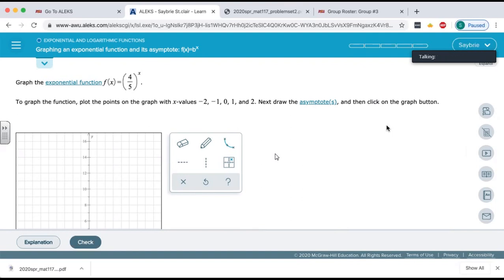Man, because my calculator could do that easy, but yours, you're gonna have to do 4, like in parentheses, 4/5, or 4 divided by 5 raised to the -2 power. I get 0.64.